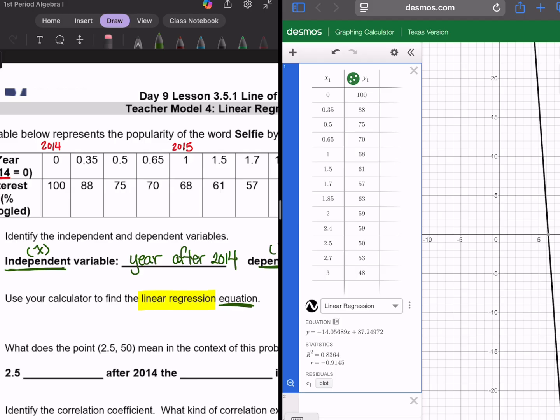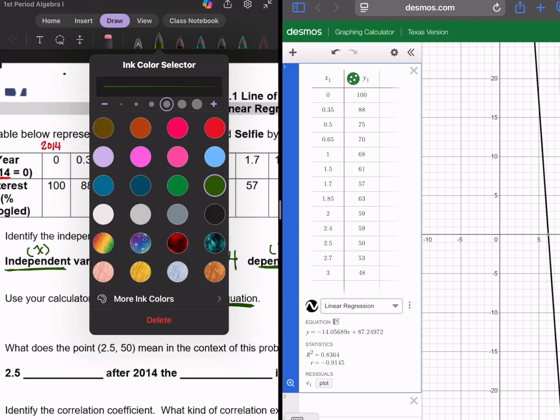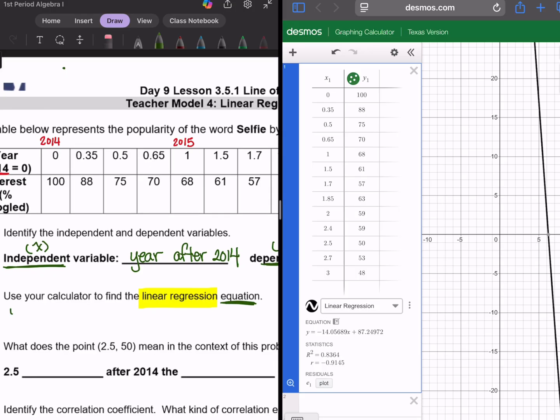That equation, I'm going to copy it straight into my answer. y equals negative 14.05689x plus 87.24972. Great. That is my equation.